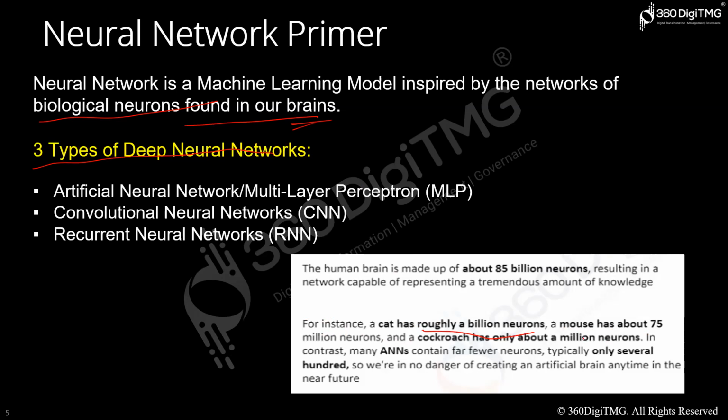In contrast, many ANNs contain far fewer neurons, typically only several hundred. So we are in no danger of creating an artificial brain anytime in the near future.